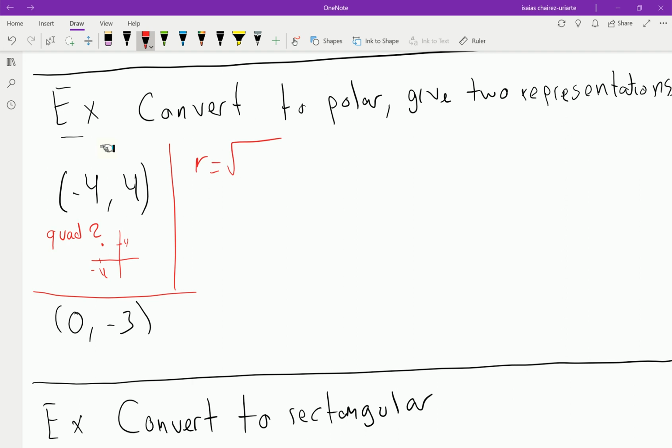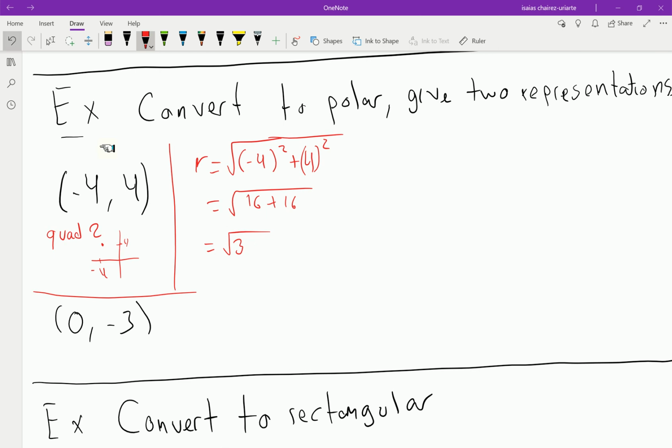Okay, well, r is going to be the square root of negative 4 squared plus 4 squared, and that's the square root of 16 plus 16, which I guess is the square root of 32. Oops, sorry. I should have been careful.